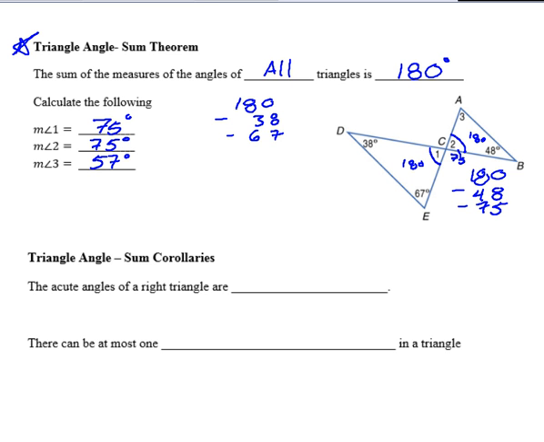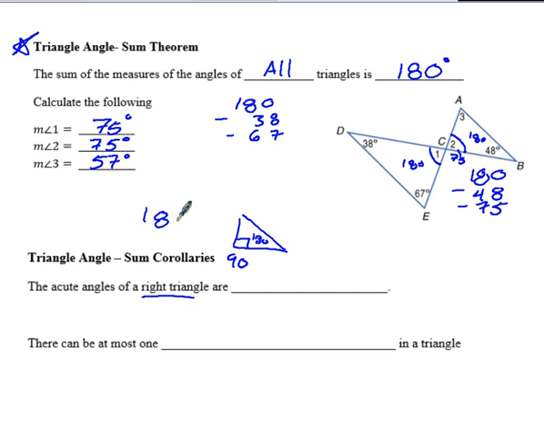These are corollaries. Corollaries means that it's things that we can pull from the theorem, like little fun facts that we can pull from the theorem. So it says the acute angles of a right triangle are... so in a right triangle, I have a 90-degree angle, and I know that this has to equal 180 degrees.